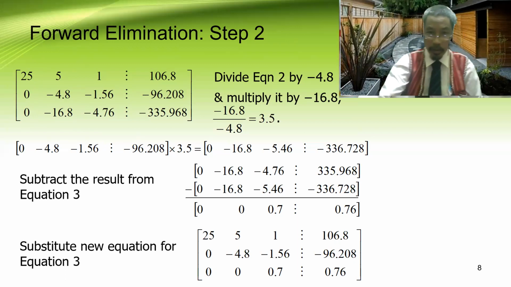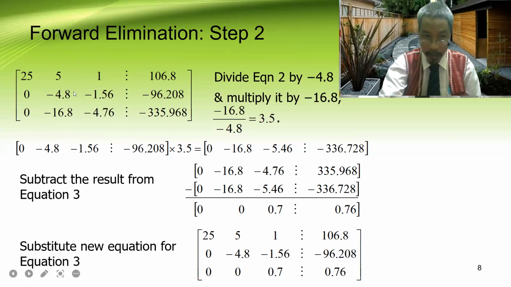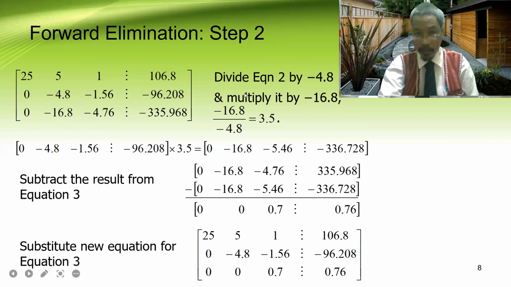So second equation, therefore, divide by this number and multiply by this number. So negative 4.8, multiply by negative 16.8. So negative 16.8 divided by negative 4.8, that is 3.5.